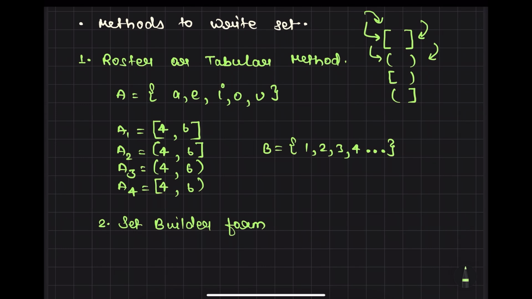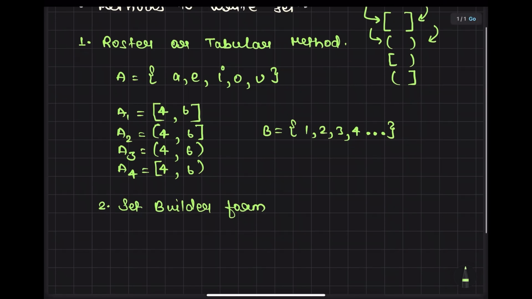But you have to take care that the definition should be very precise and accurate. There should be no flaw in your definition. So in this part we will use a definition. I will be using some symbols which you have to understand.